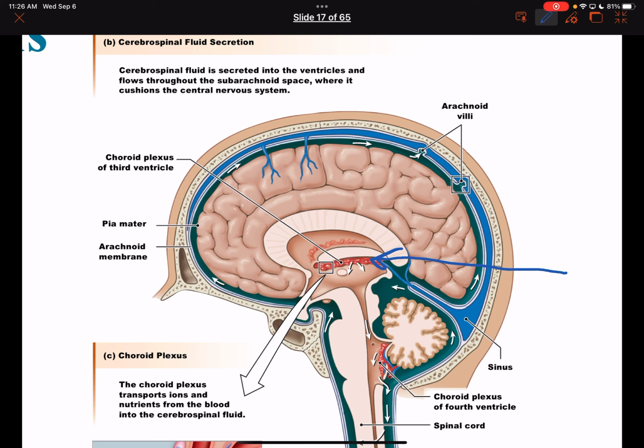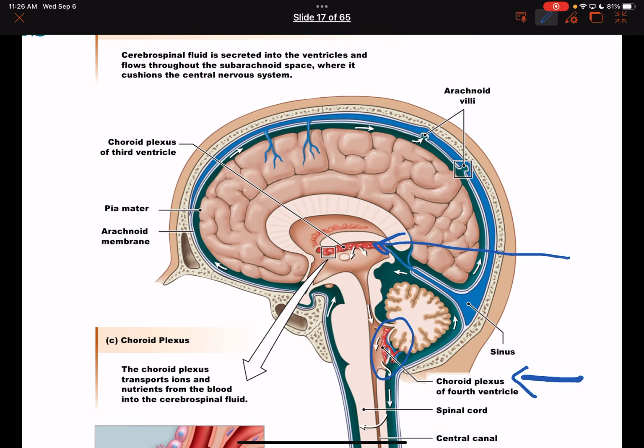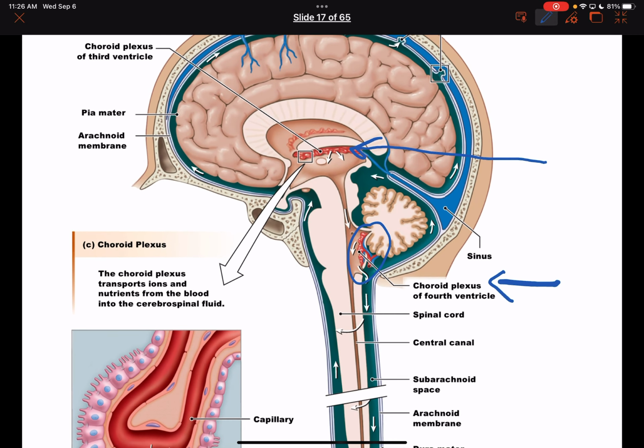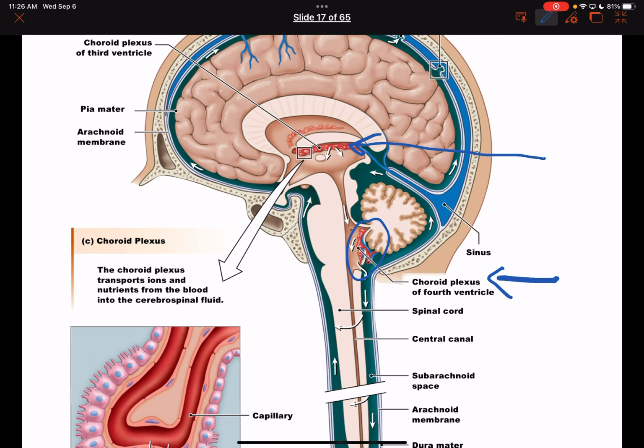Another place we can make cerebral spinal fluid is the choroid plexus, so this red area right there. And that's found in the fourth ventricle, and that will just add to it and have it flow around the brain. So you've got third ventricle, choroid plexuses making cerebral spinal fluid.